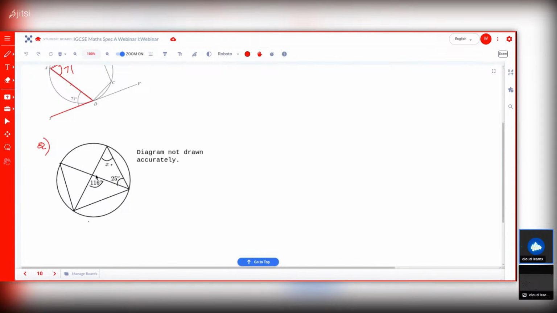One is to assume this to be the center, and then applying angle at the center is twice the size of the angle at the circumference, which immediately gives you 58 degrees as the answer, which is completely wrong, right? That's one of the big ones.